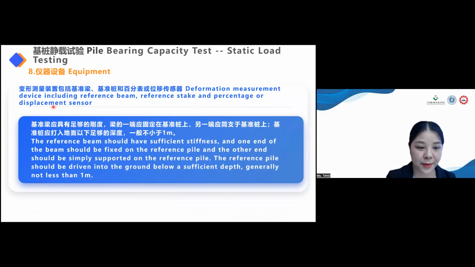The reference beam should have sufficient stiffness, and one end of the beam should be fixed on the reference pile, and the other end should be simply supported on the reference pile. The reference pile should be driven into the ground below a sufficient depth, generally not less than 1 meter.